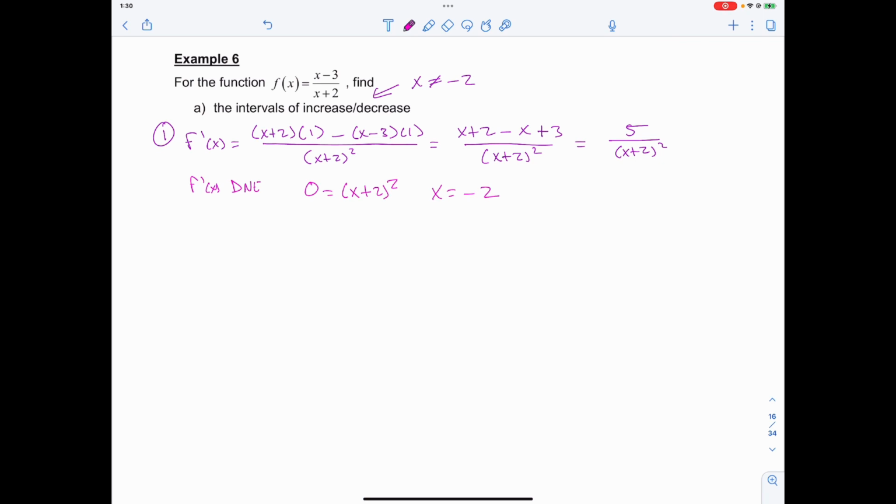Now in this case, remember, it's not really a critical number because it didn't exist in my original function, so we're going to call this a significant number, where x is equal to negative 2. It's not a point that exists on my original graph, but it still is a perspective point of change.